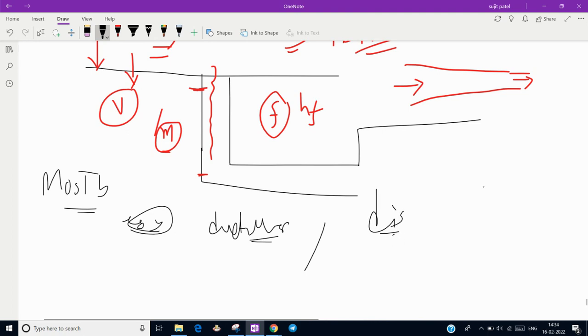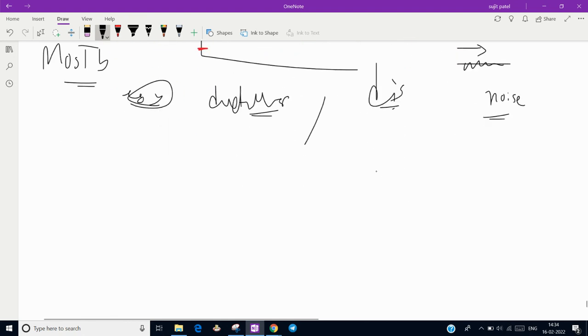If we talk about disadvantages, the disadvantage is that if there is a short duct, where the duct is not too long, there is the problem of noise when the air is coming at a very high velocity. So a noise problem is there, and when we design, we take only the head loss due to friction, and the minor head losses are neglected.